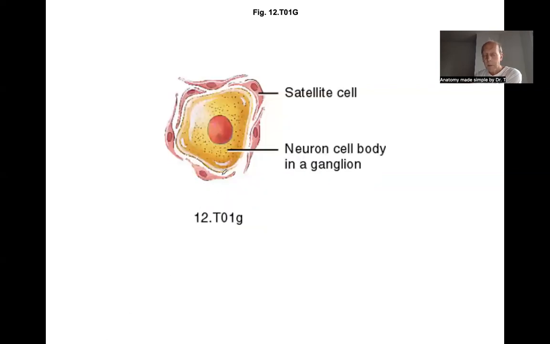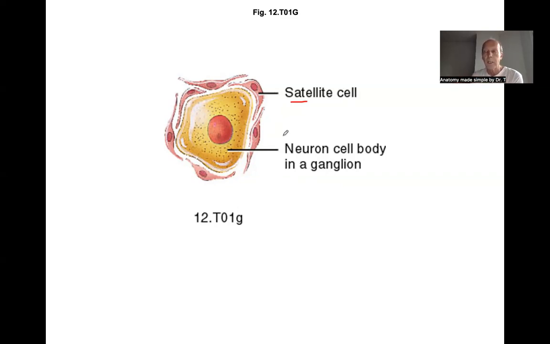And also a support cell that is called a satellite cell. Very important, because neurons, as we know, are extremely sensitive, especially those that are part of the peripheral nervous system. So in order to protect them, the satellite cells create a little bit of a shell around groups of neuronal bodies that form the ganglion, creating a protective shield.